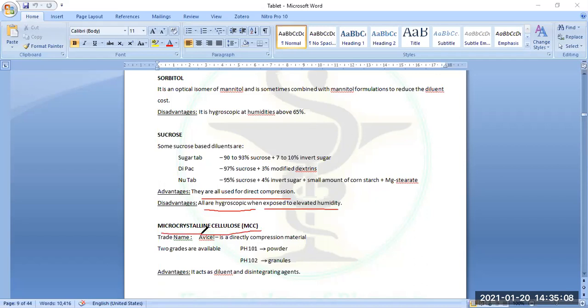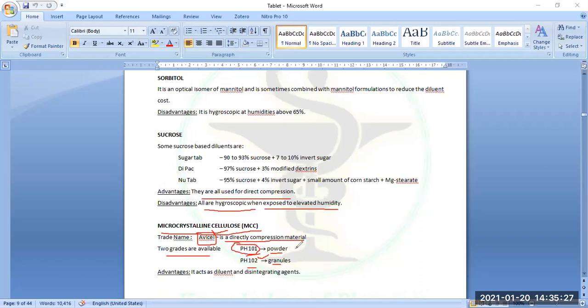Now microcrystalline cellulose, also known as Avicel. It is directly compressible and available in two grades, PH 101 and PH 102, as powder and granules.